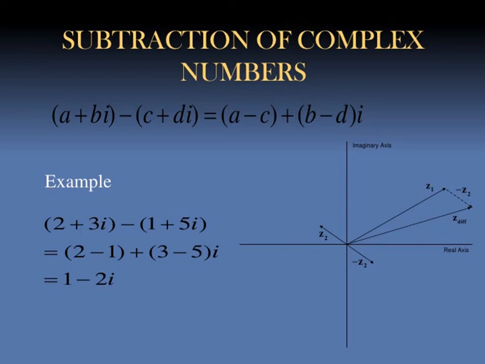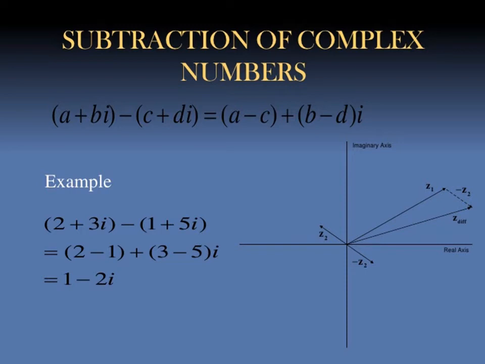That is, we get a minus c, which is the real part of the complex number, and the imaginary part is b minus d multiplied by i. This is the subtraction of the complex numbers.